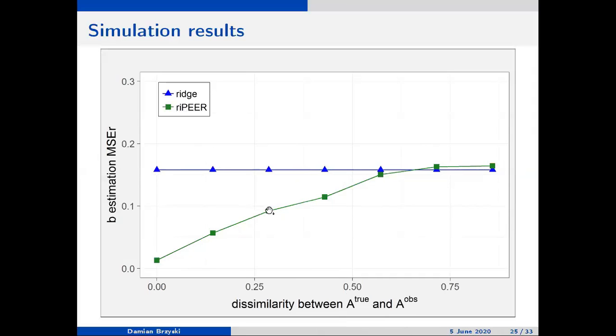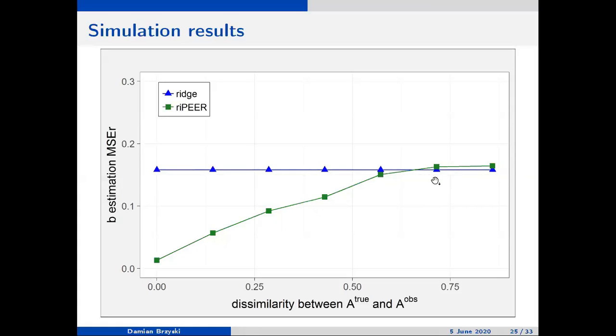Later it still benefits, but this gap is smaller, and there's some point where we are almost at the same level as Ridge, because in this moment the additional information we are providing was neglected.